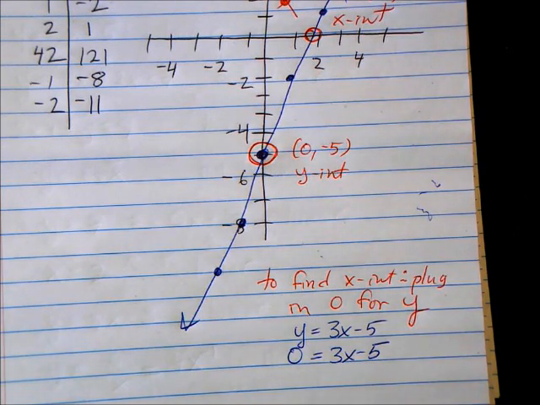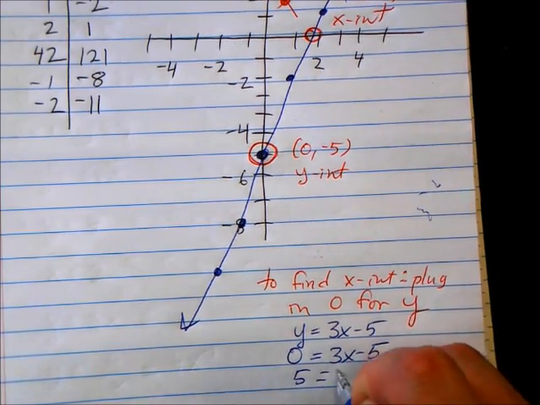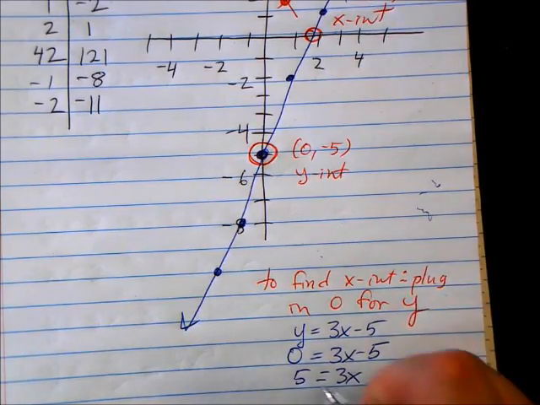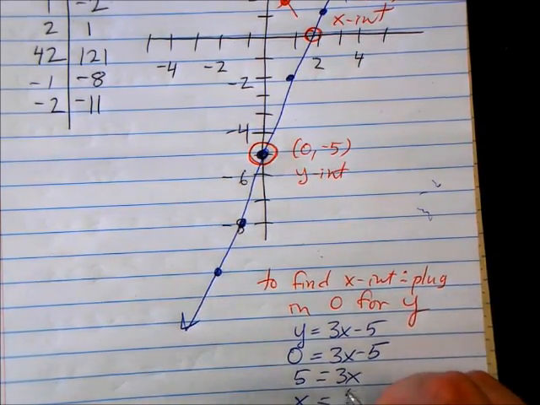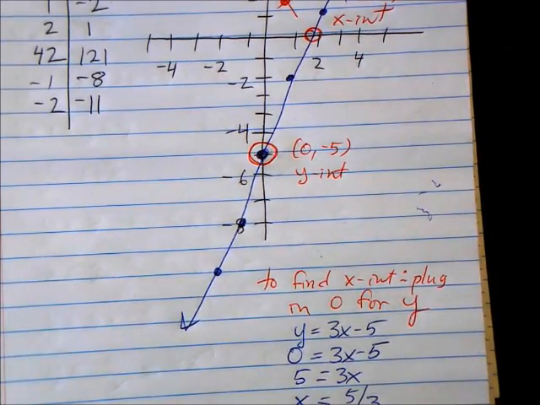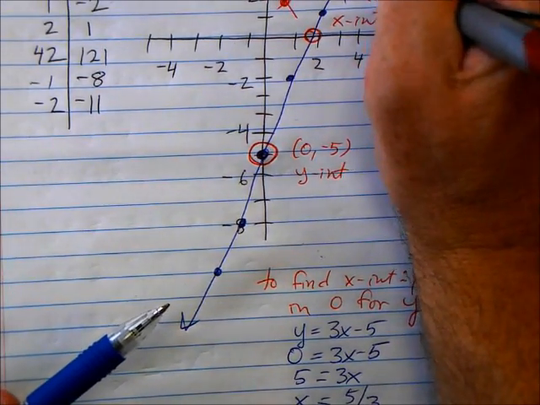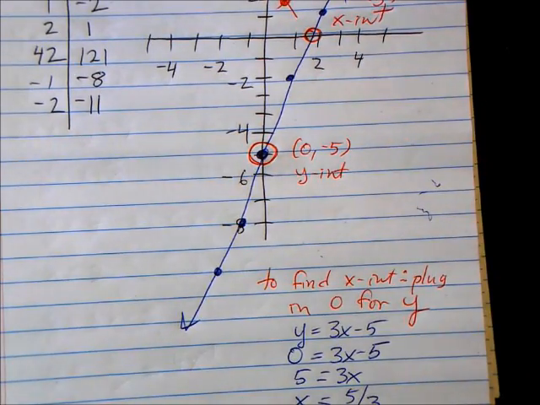And I'm hoping at this point you all know how to get the x all by itself for this kind of equation. What would you do? Add 5 to both sides. 5 equals 3x. And then divide by 3, so x is 5/3. So our x-intercept is the point 5/3 comma 0.